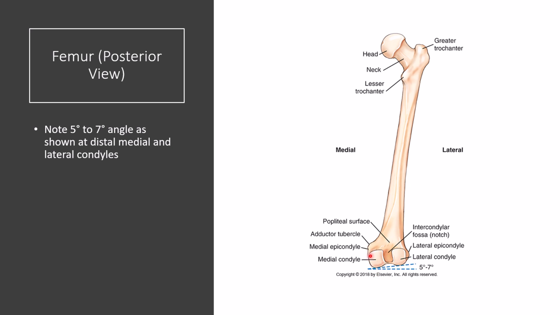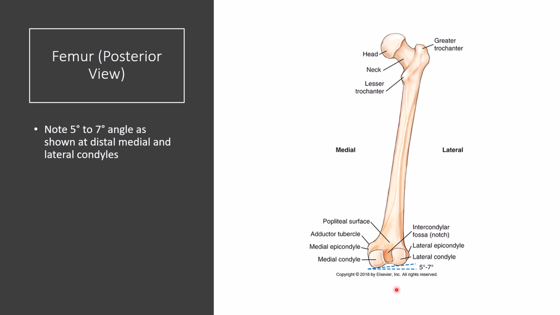The medial condyle sits lower, and notice that the lateral condyle sits a little bit higher. Because that medial extends lower and more distally, this 5 to 7 degree angle has to be made up for when we do a lateral knee.